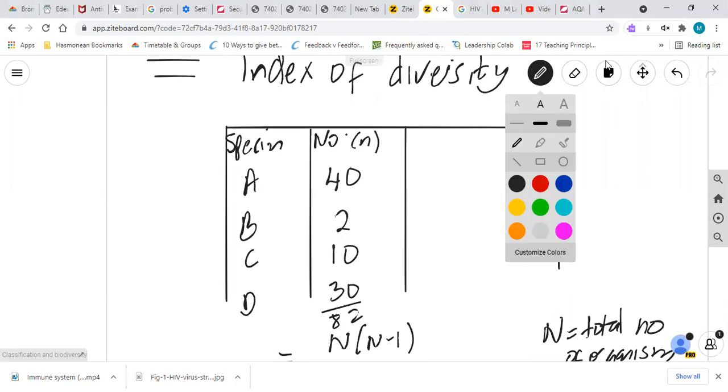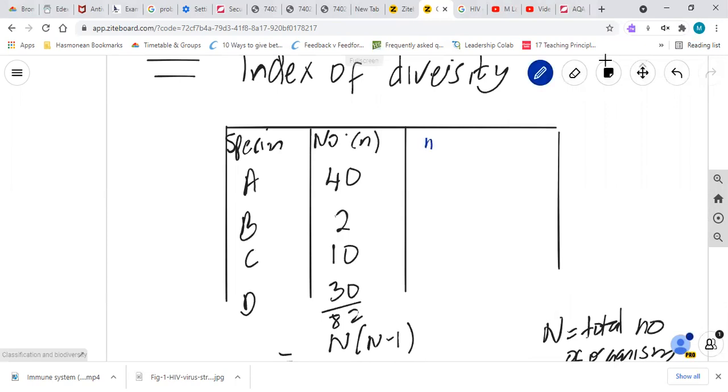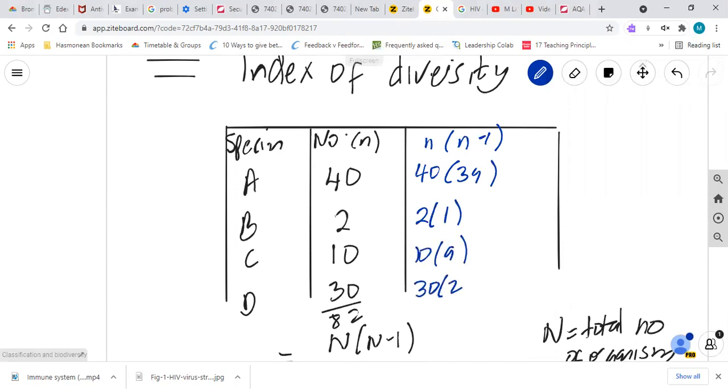So what I want you to do when you do these is to have another column where you do small n times small n minus 1. So 40 times 39, 2 times 1, 10 times 9, 30 times 29. Okay, so if we do 40 times 39, we get 1,560. That's 2, that's 90, and that is 870.